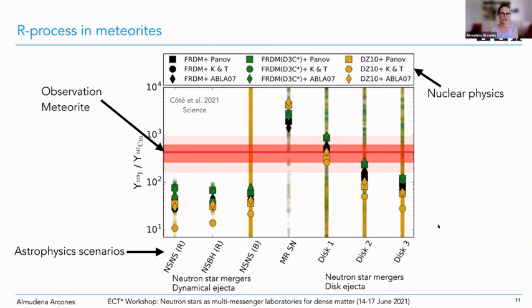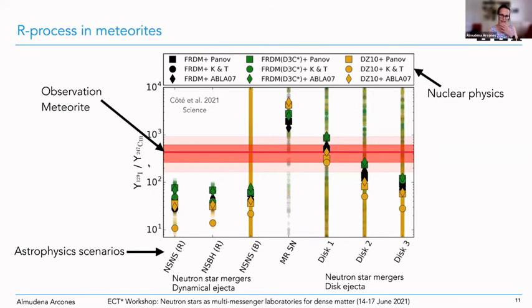We learned a lot. And this was looking at the r-process in meteorites. So meteorites are great because they give us information about isotopes, not about elements, but about isotopes. And they tell us what was the composition, or what was the event that contaminated for the last time the cloud where the sun was born. What was the last r-process event before the sun was born?